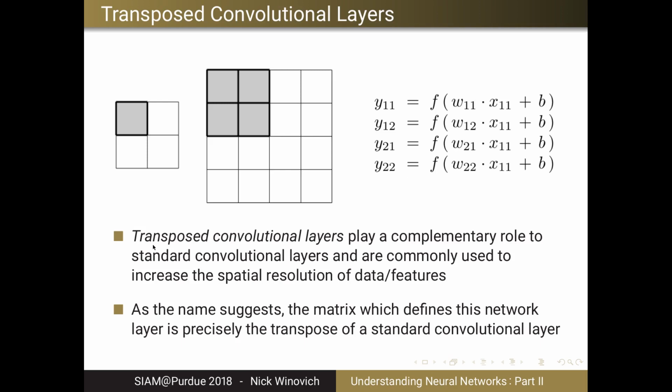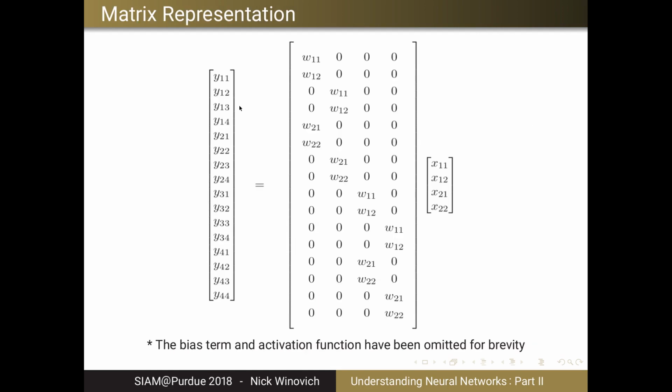Okay, so here we're going to take one value and from that produce 4 values that will populate the upper left-hand corner of this new larger set of features. And to do that, as I mentioned, we just take the transpose and we define weights W11, W12, W11, W12, corresponding to the multiples of the input values used to produce the output values.